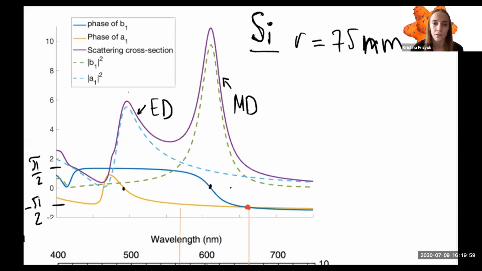So, let us look at this point. You see that both coefficients of the magnetic and electric dipole are in phase, and moreover, but this is just a coincidence, they are equal here in absolute value. And at this point, they are almost in antiphase, and again they are equal in absolute value.